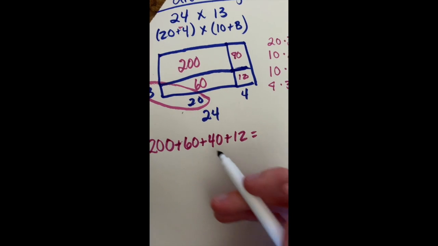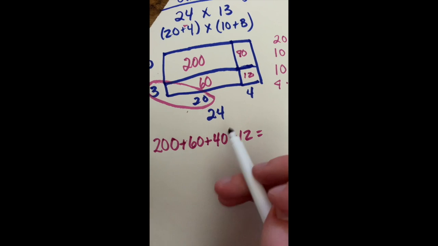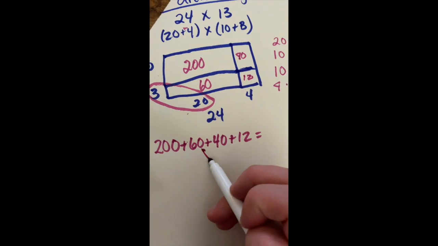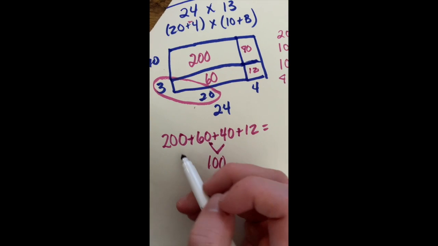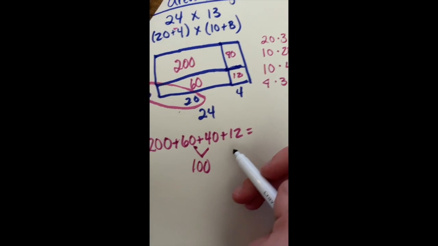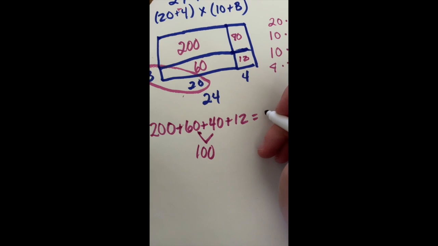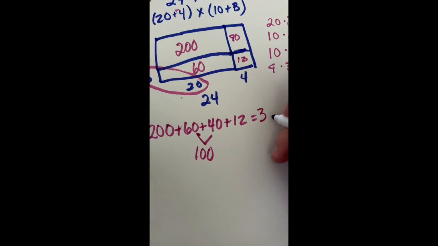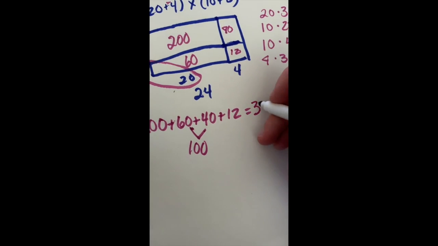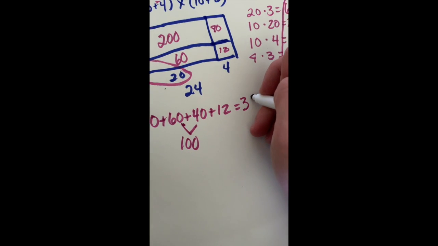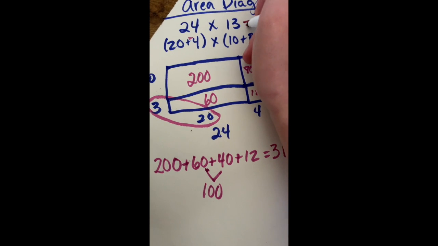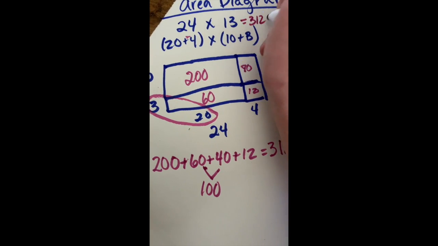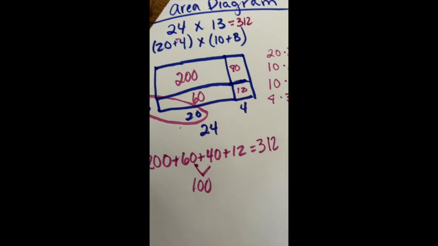If we want to do some simplification, we know that 60 plus 40 does equal 100. So essentially we have 200 plus 100 plus 12. 200 plus 100 equals 300, and then we have 12 left over, which goes into the place value of the 1 and the 2. So our answer today would be 312. That is what 24 times 13 equals.